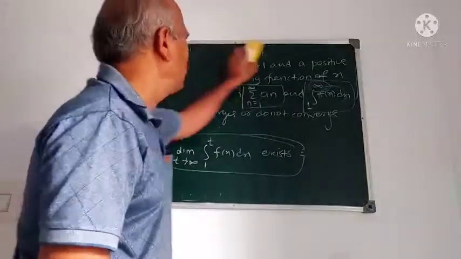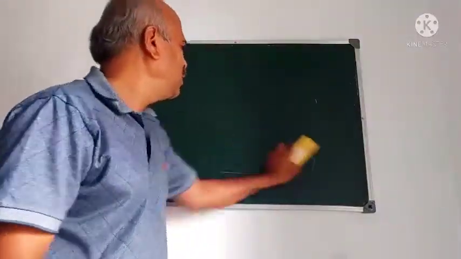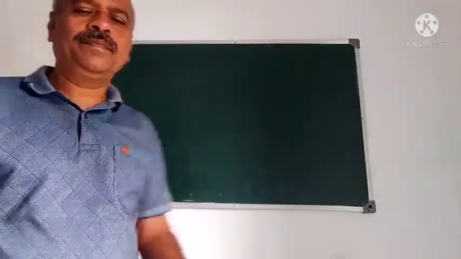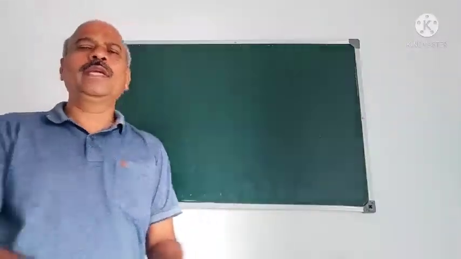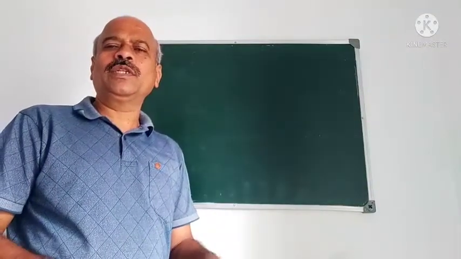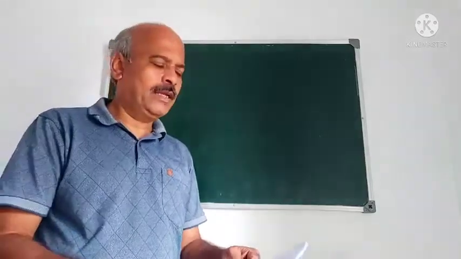The conditions are important here. What is the condition? f(x) is positive, monotonically decreasing, and we take f(n) as a_n. Then the integral from 1 to infinity of f(x) dx and the sum of a_n from 1 to infinity behave alike.